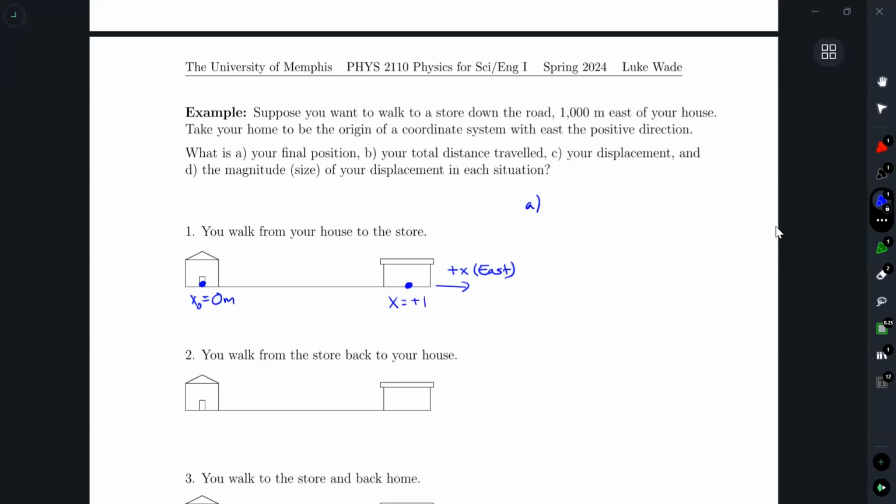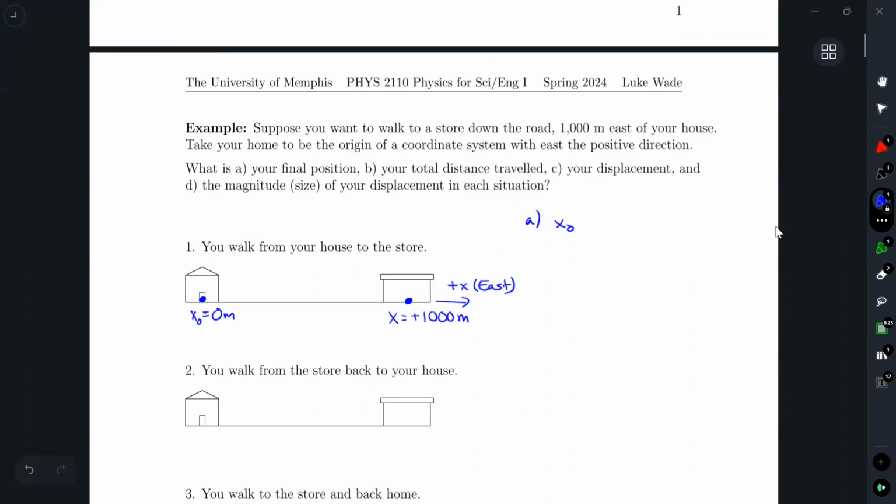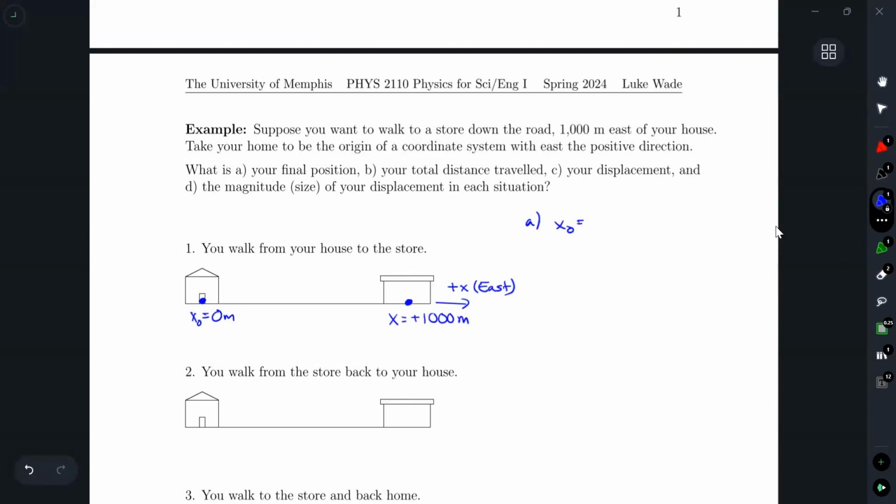So this is positive 1,000. I've gone 1,000 meters in the positive direction. And normally we really don't include the positive, so you're right in just saying 1,000. But here, if we do that, it's going to be a little bit easier to see a distinction between two different things. So our initial position is 0 meters. Our final position is positive 1,000 meters.